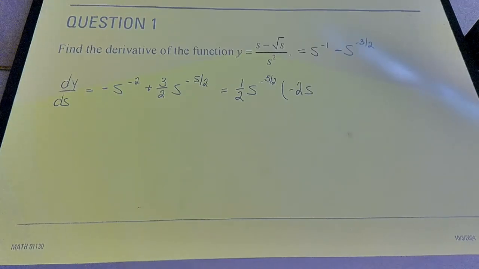Factoring s to the negative 5 halves out from s to the negative 2. What do you get? What is it? How'd you get a third?